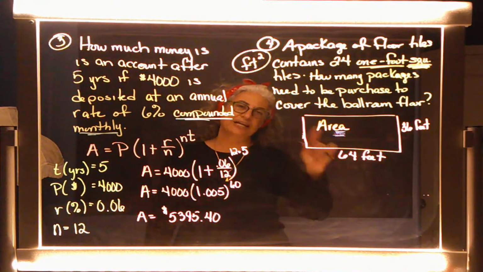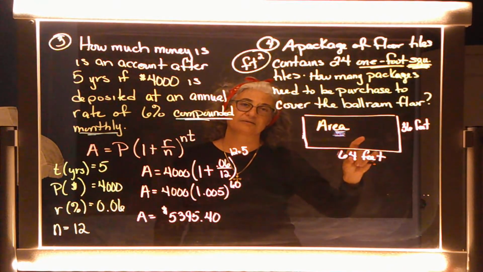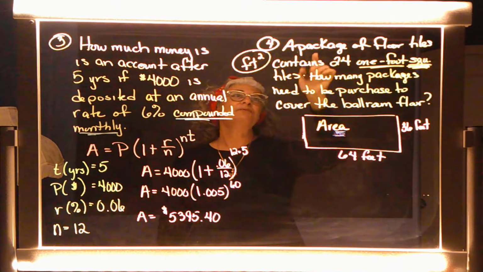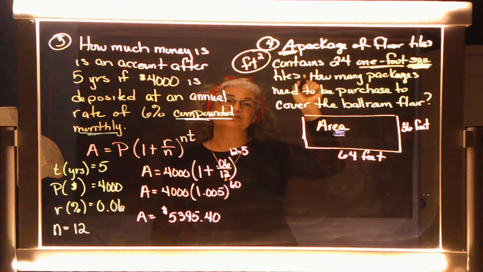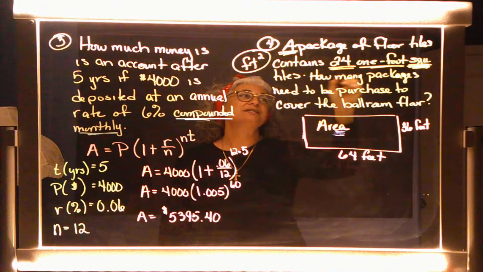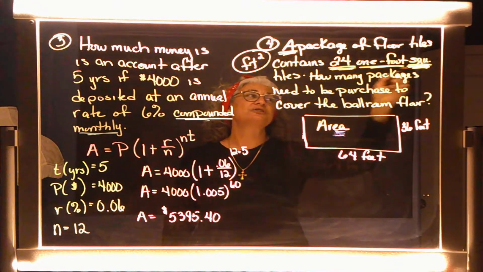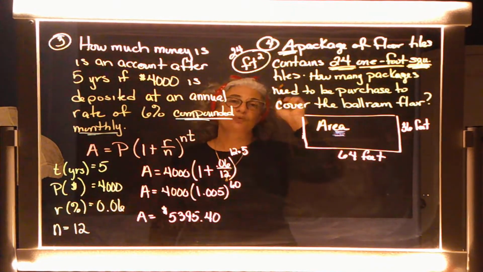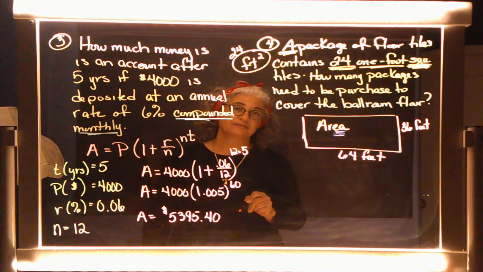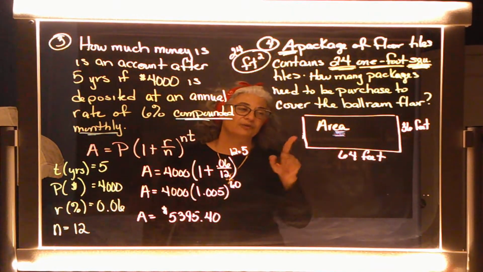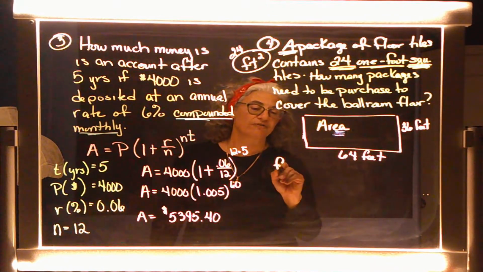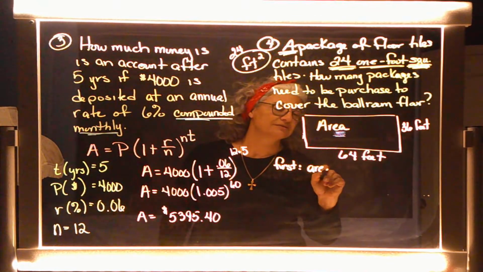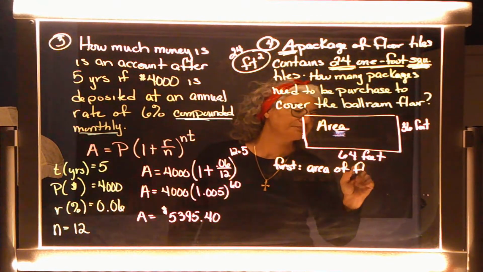I need to know the area of this flooring because according to the information they gave me, a single package of tiles is 24 1-foot square tiles. I have 24 square feet in one package. Got it? Okay, so first things first. First, we need the area of the floor.